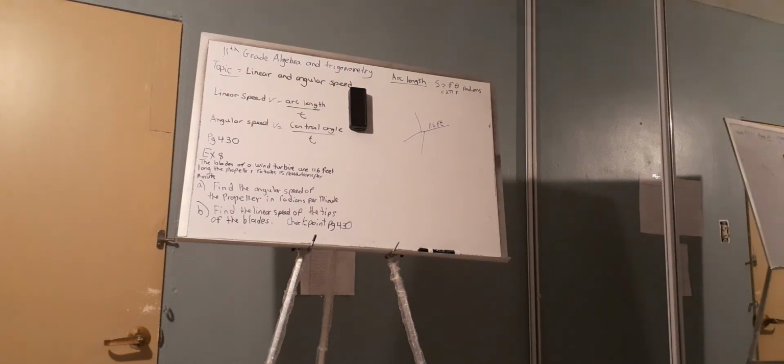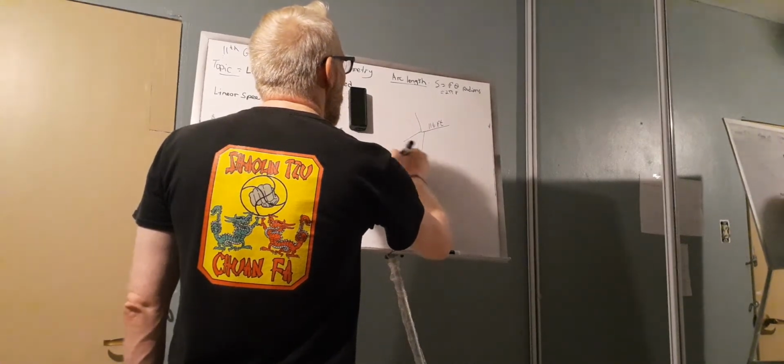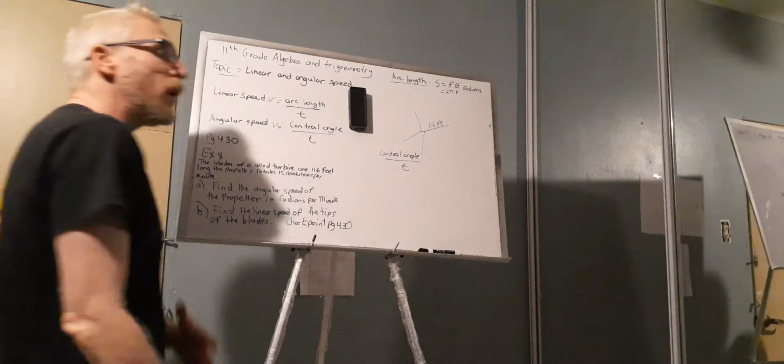Okay, the angular speed. Remember that the angular speed is the central angle divided by the time. First of all, it's asking for us to give the angular speed in radians. So the formula says the central angle over time, but they want it in radians.